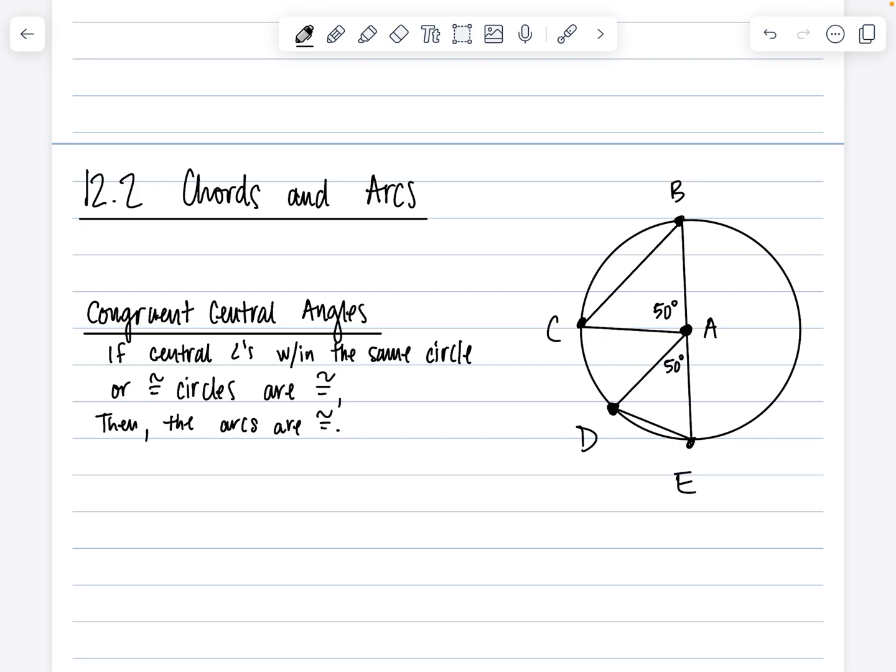That's it. So I'm going to highlight this one blue. If central angles are congruent, then arcs are congruent.